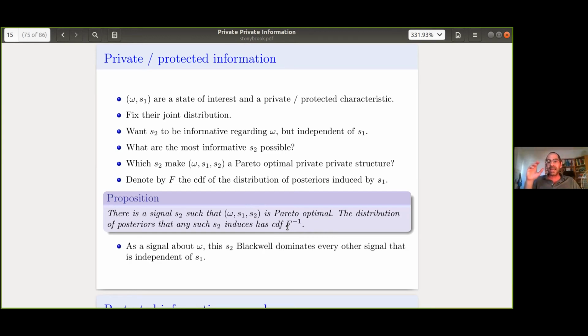I don't know if I have time to explain it, but the idea is that if you fix S1 and omega, there is a maximal signal in the black hole sense that I can give you that preserves independence. Any other signal that I give you, any signal that will induce a different belief distribution, will be black hole dominated. So whatever you're going to do with this information, you prefer to get the signal S2 to any other possible signal. There's a unique best signal that I can give you fixing S1. And it's very easy to calculate the CDF of the signal. The CDF of the signal is just going to be the inverse of the CDF of S1.